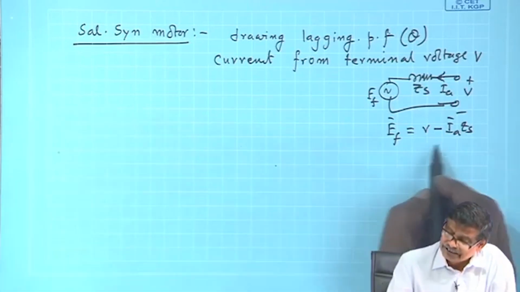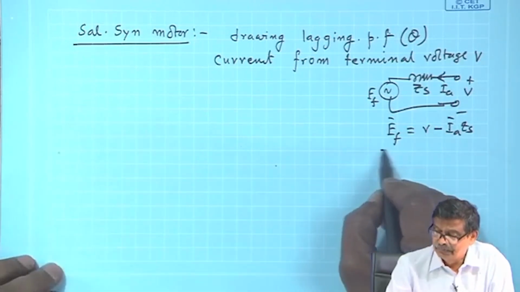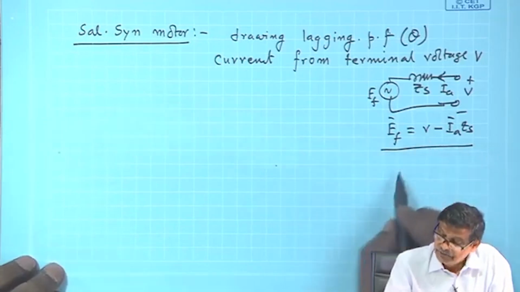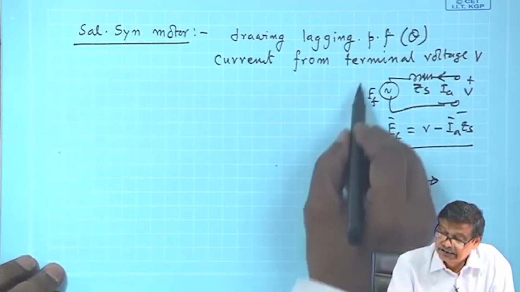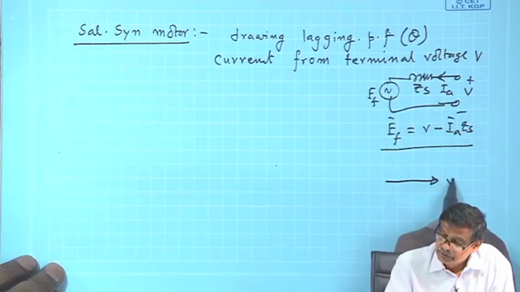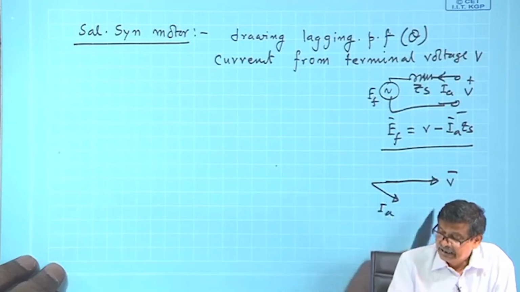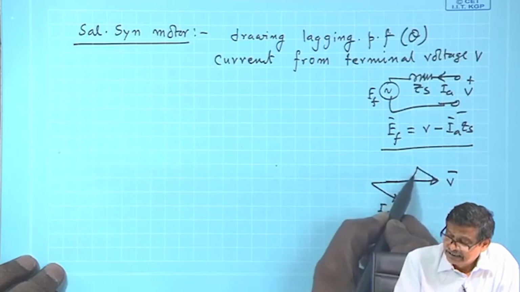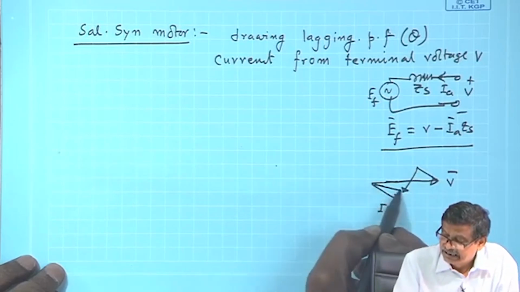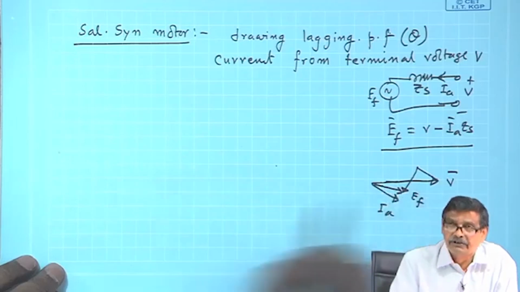So, also see that in case of motor mode, if you start with terminal voltage, in case of cylindrical machine, what was I doing? V, I was drawing current IA, then minus IARA, minus IAJXS, we were getting EF, is not? You recall that.